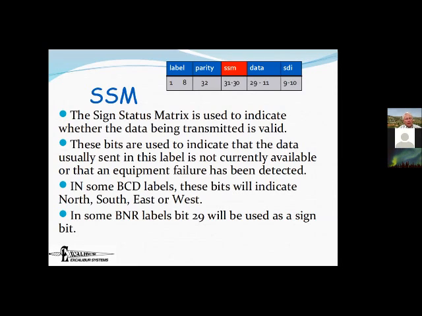and because it's a 2-bit SSM, the 4 possibilities translate into valid data, which turns out to be 1 and 1, or not valid data. And data cannot be valid for 2 possible reasons.